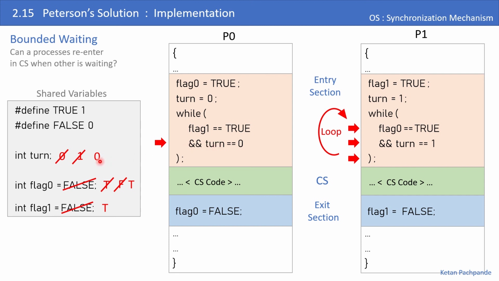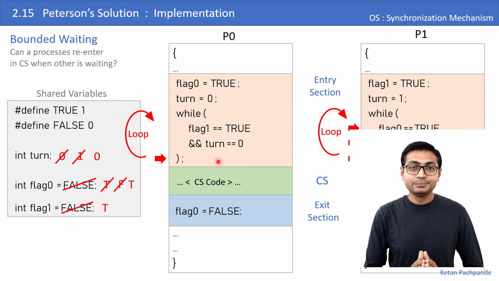Turn. What is the current value of turn? 0. 0 is equal to 0. Yes, this condition is also true. So both the conditions are true here, and that's why this while loop is going to check those conditions again. In short, I can say that now process P0 is doing busy waiting.